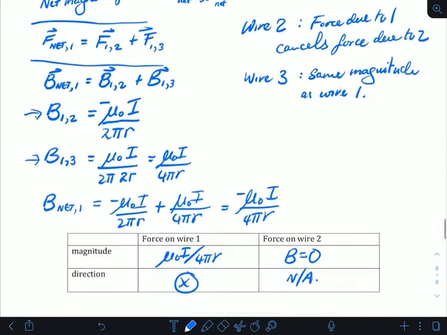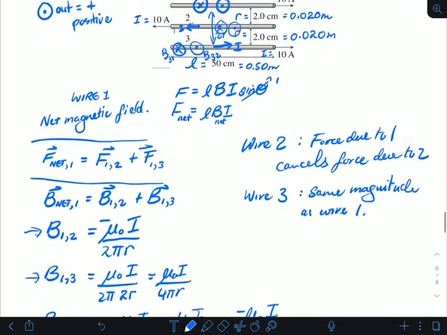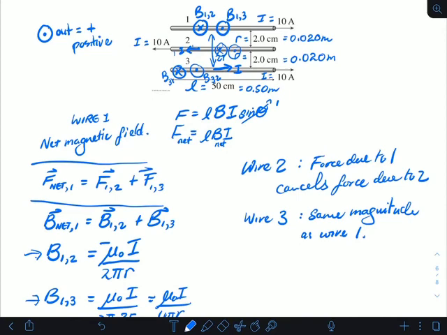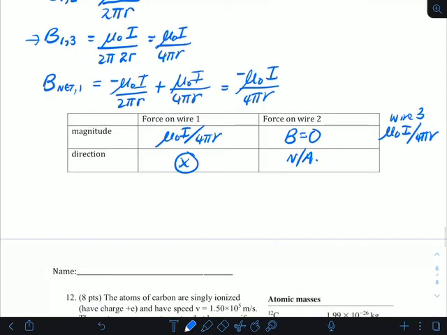So notice this was missing on here, but if I were to add wire 3, then I would have that it's the same magnitude. And then look here at the directions. Due to wire 2, out of the page is going to be the dominant one. So the direction is going to be out of the page.